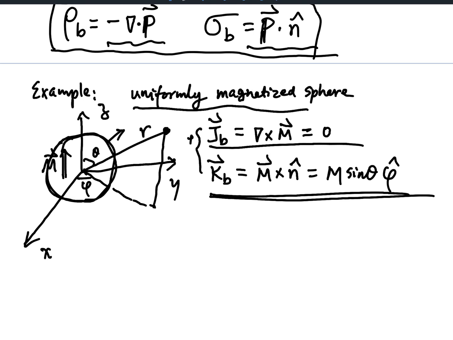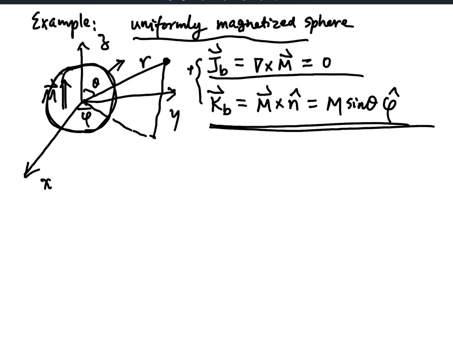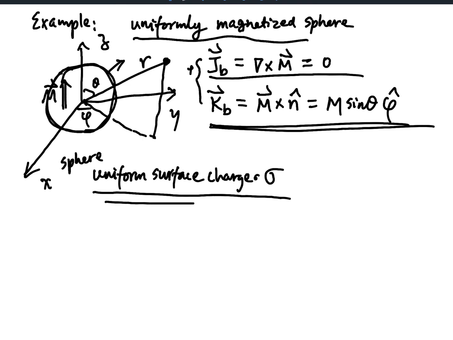If you remember what we discussed before, if we have a sphere that has uniform surface charge on it and we rotate it, it is really a spherical shell.